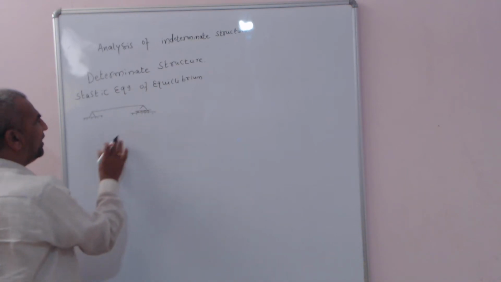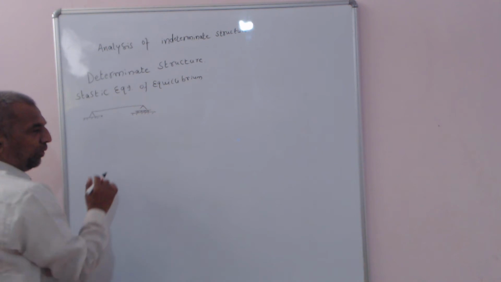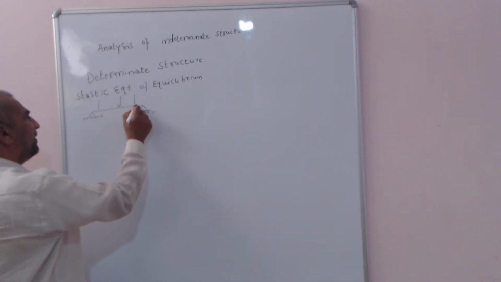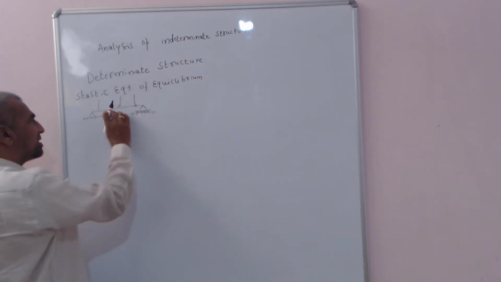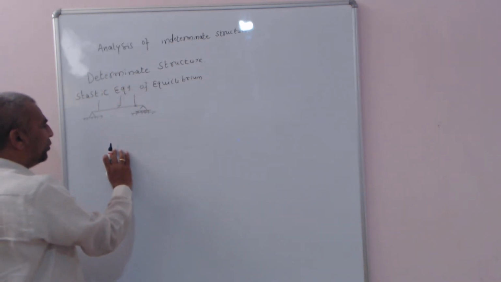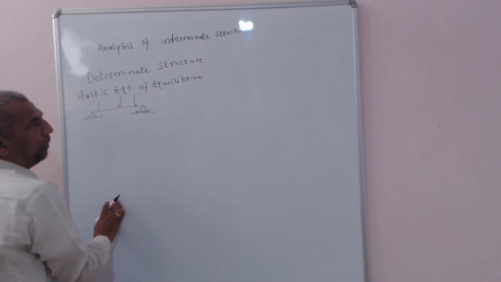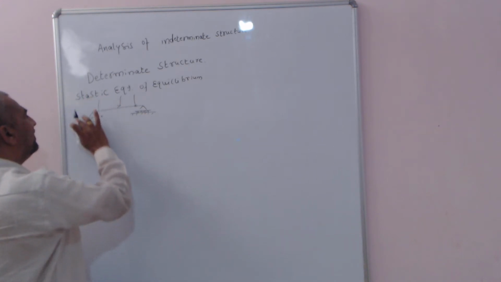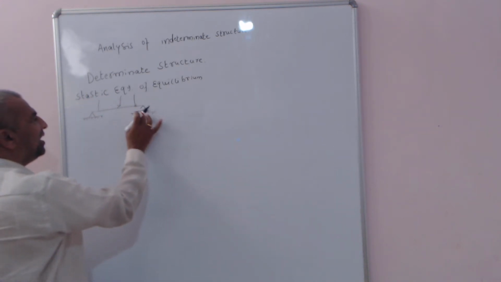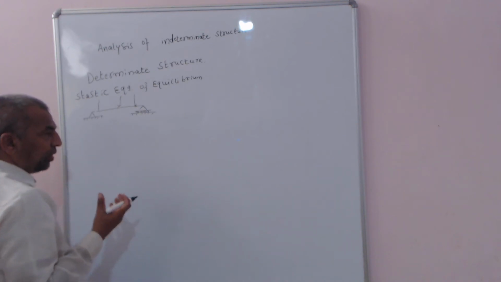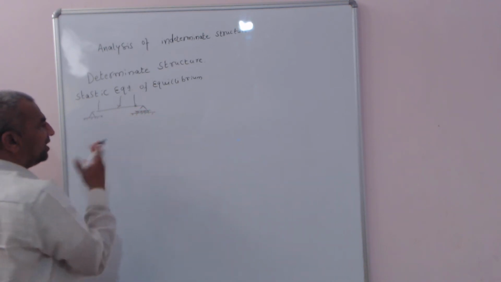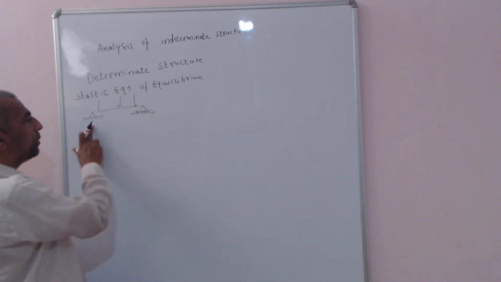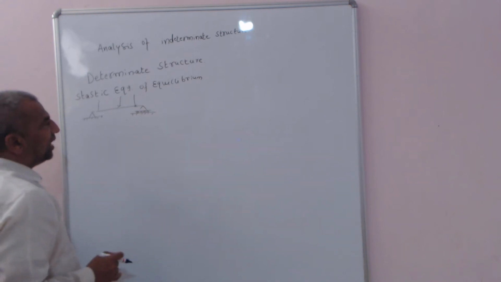Whenever any structure is subjected to loading, it has a tendency to move because of the applied load. To hold it in position, you provide certain devices, which you call supports. Depending upon the way you hold it, the supports are named as roller support, hinge support, fixed support, like that.